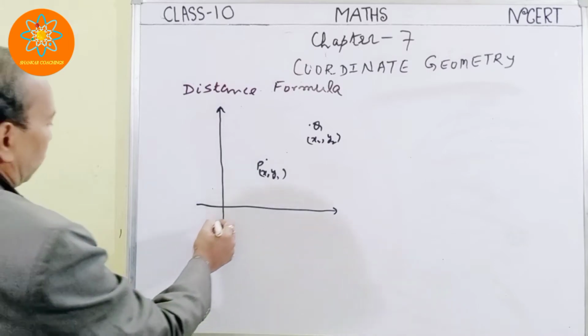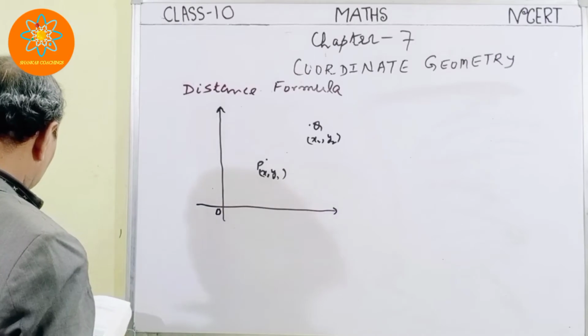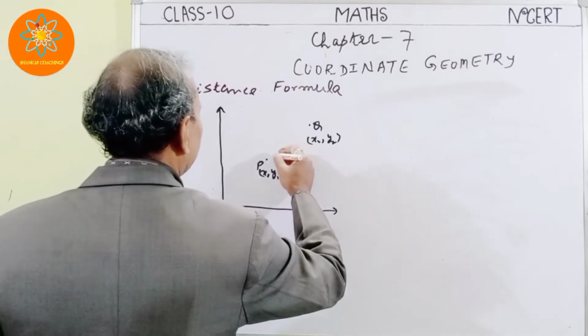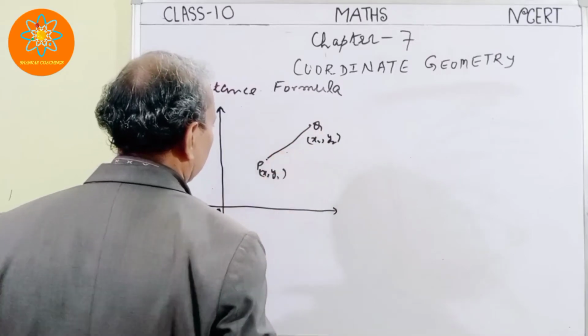This is the origin O, and I have to find the distance PQ.